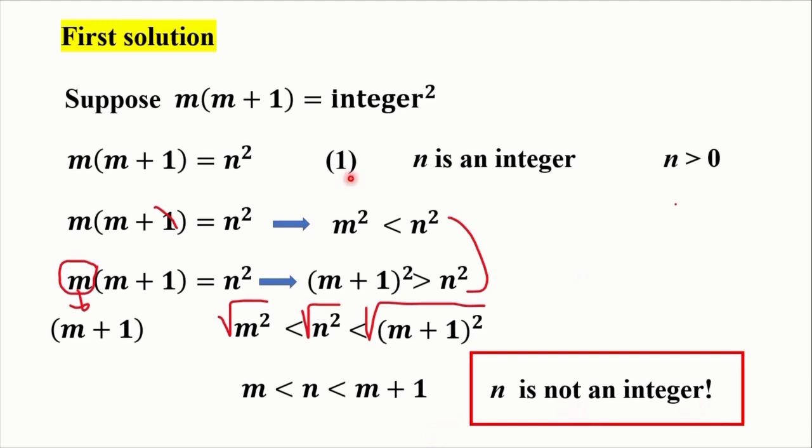This is in contradiction with our initial statement, so we prove our theorem. So m times m plus 1 cannot be the square of any integer.